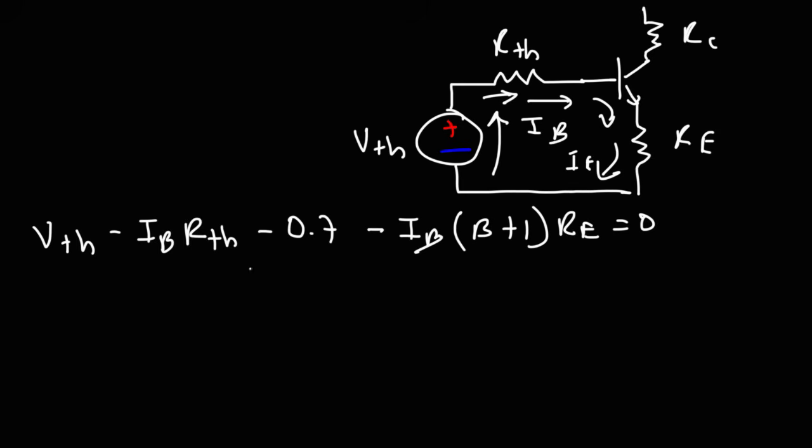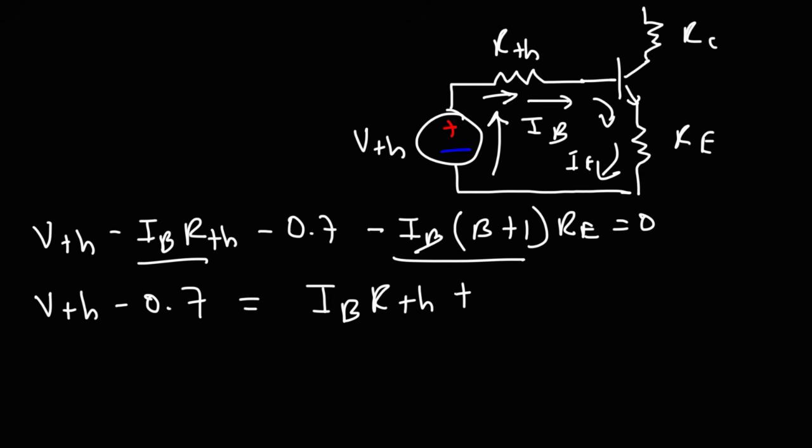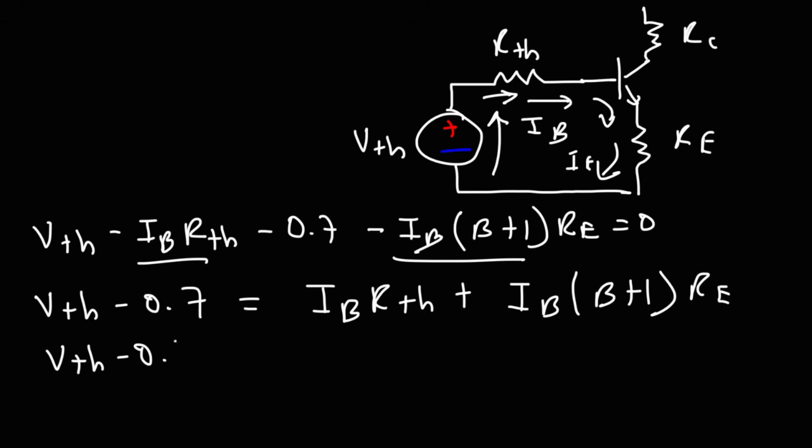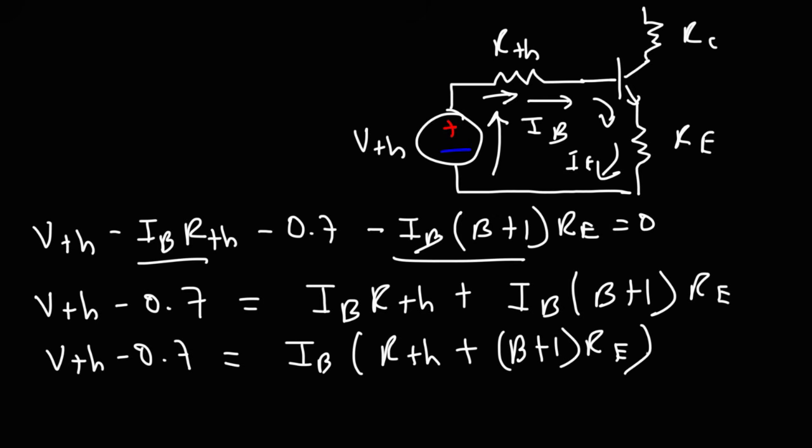Now what I'm going to do is take these two terms and move them to the right side of the equation. So V Thevenin minus 0.7 is going to be equal to IB times R Thevenin plus IB times beta plus 1 times RE. Now the next thing I'm going to do is factor out IB. So I'm going to have R Thevenin plus beta plus 1 in parentheses times RE.